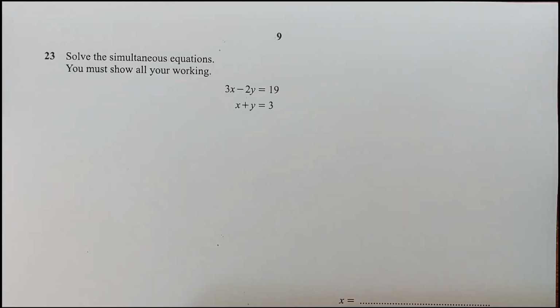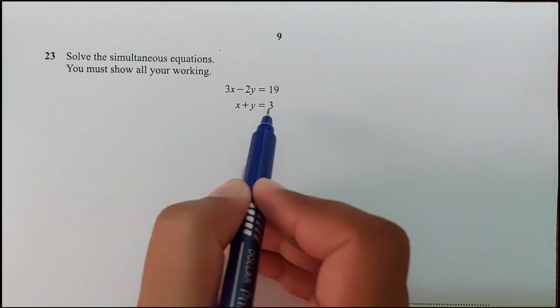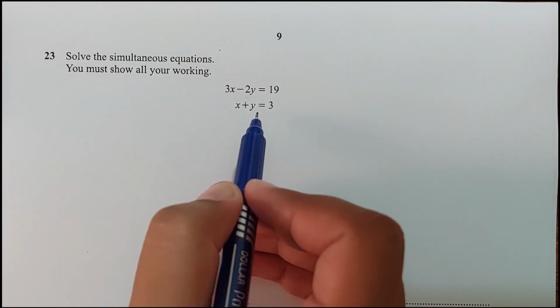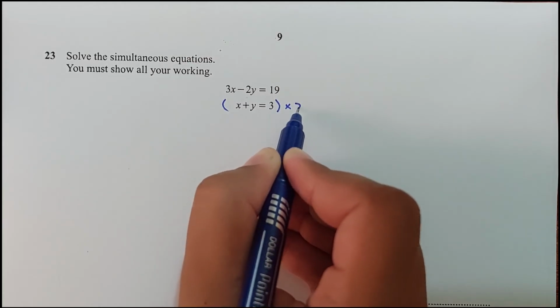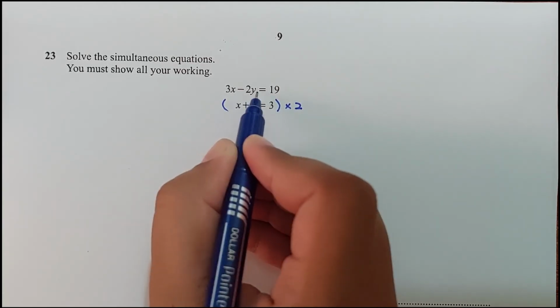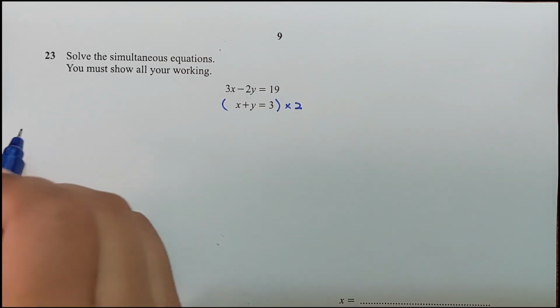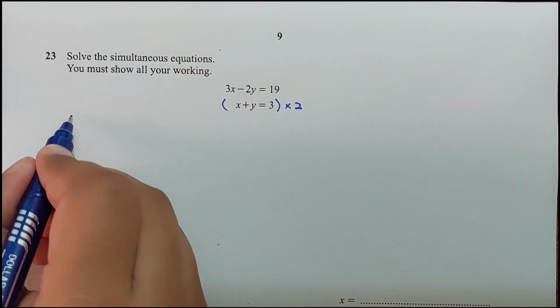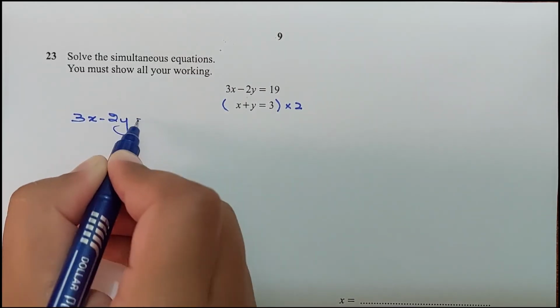Right. Question number 23, solve the simultaneous equations. You must show all your working. So let me multiply my second equation by 2 to get rid of y, because negative 2y and positive 2y we can easily cancel. You can use a method of substitution or elimination. I'm doing elimination here. So 3x minus 2y equals 19.